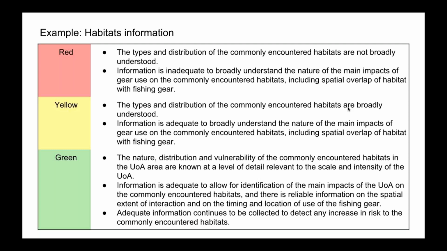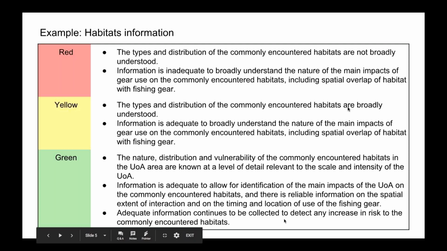If that's the case, then this indicator should score red. If, on the other hand, that's not true, you can look at the yellow category, consider whether the habitats are understood to some extent and whether impacts can be considered, or there's some information to evaluate those. And then if that applies, okay, great, it scores at least a yellow, and then you can look at green to see whether those apply. So that's an example of how the scoring can work.